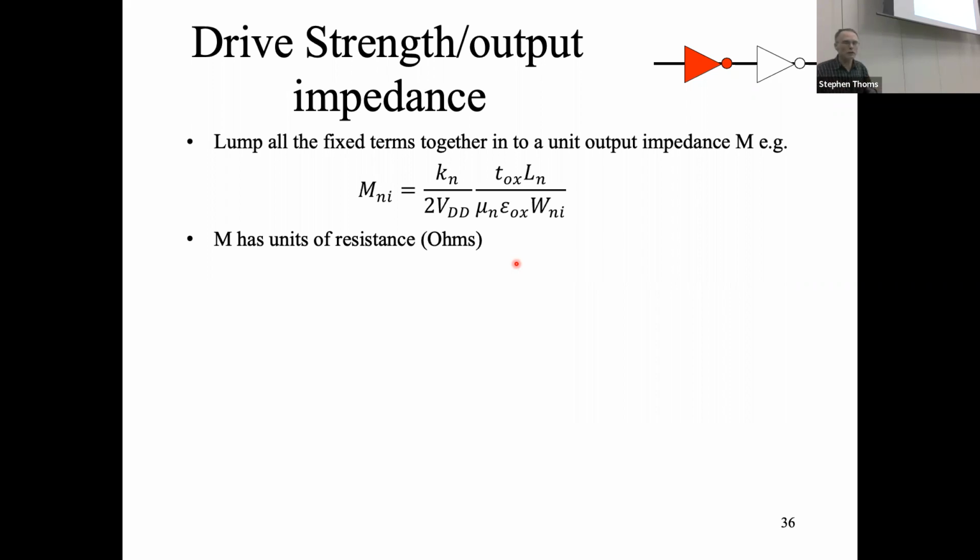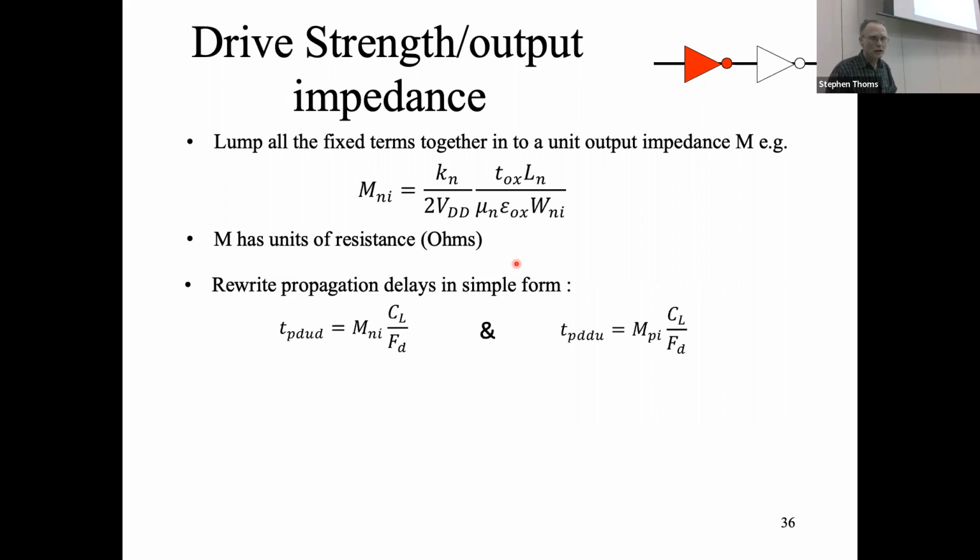All these fixed terms, including what is now also fixed, the width of our unit inverter. It has units of resistance, ohms, and that makes the equations look a lot easier, because then the propagation delay up down is that impedance M multiplied by the capacitance divided by F.